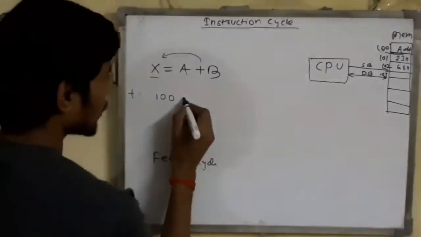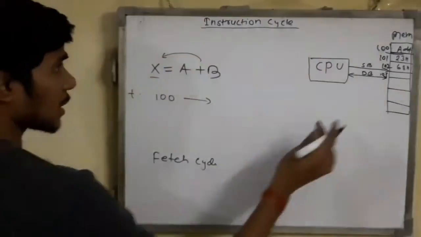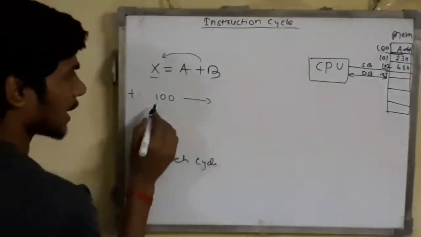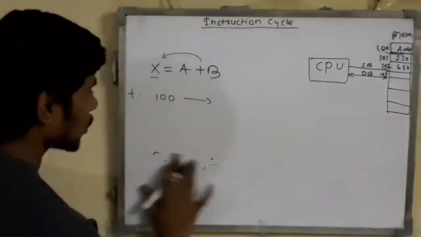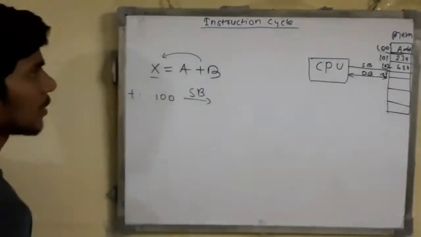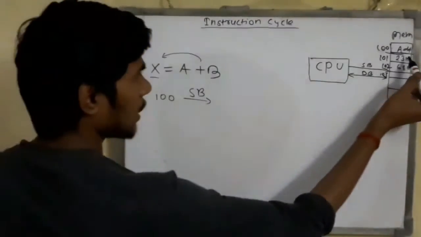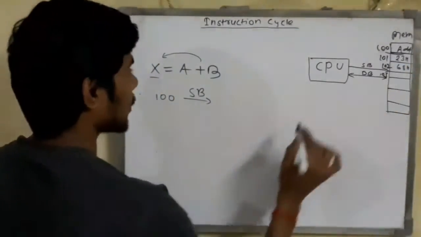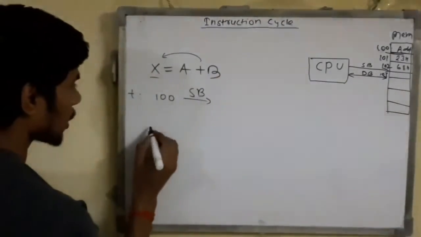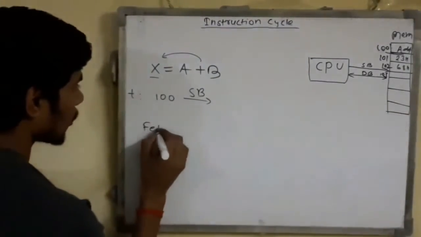So first we bring the instruction available at memory address 100. We use the system bus to bring the instruction available at position 100. So this cycle is known as the fetch cycle.